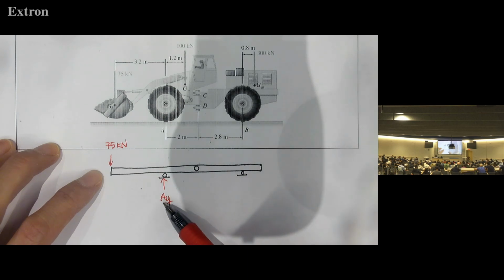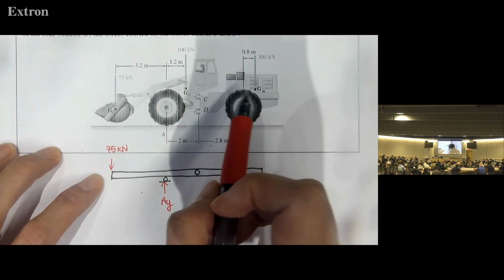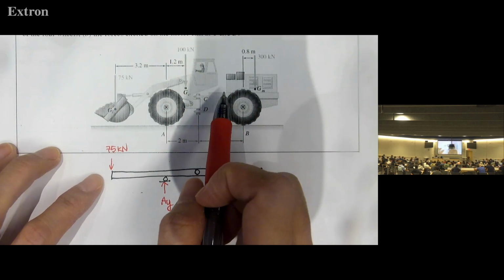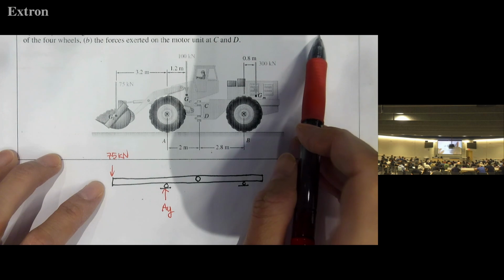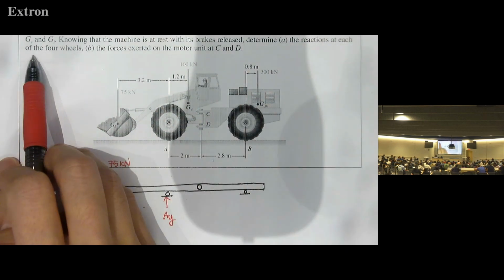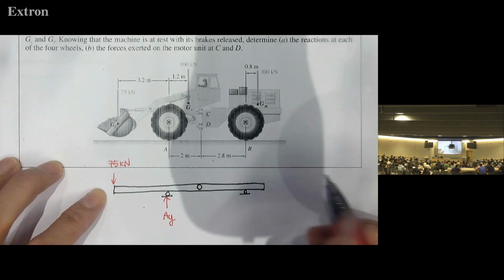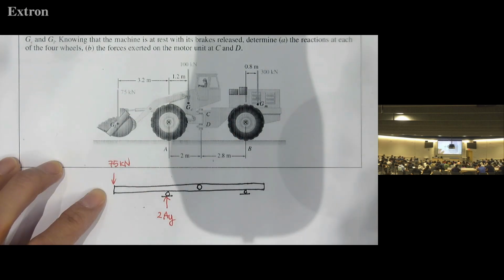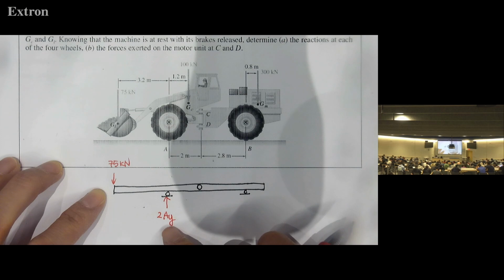It's okay to have AY as is, but sometimes we forget the original statement. The original statement asks us to find the reaction at each of the four wheels. So I recommend using 2 A's so that you can find AY, and that's the final answer.